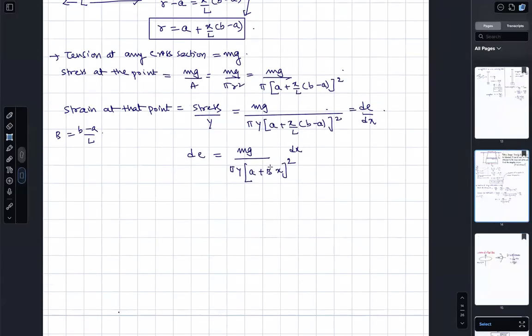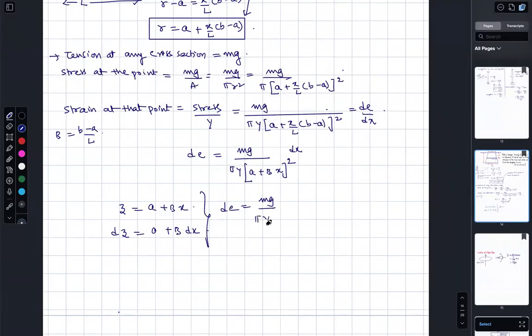Till this point, there is no doubt for you. Let us take integration as a criterion. You take z equals A plus bx. dz is 0 plus b dx. Good. And now, after substituting, mg by pi Y b times 1 by z square dz, do the integration.